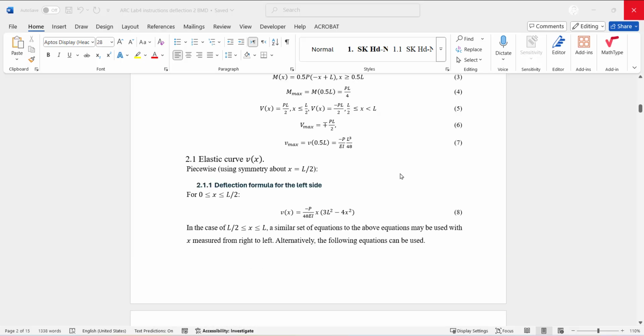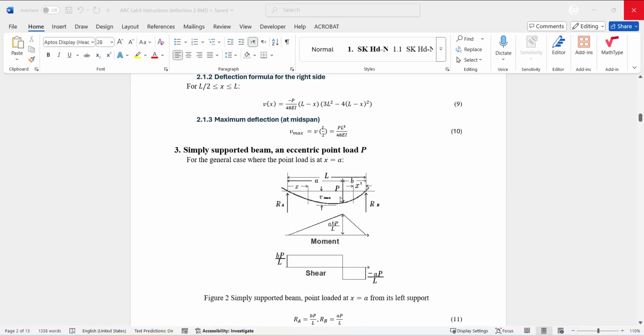But when you do the loading in an eccentric way, so the load is not in the middle, a beam with a span of L has the loads exerted at distances A and B, which are not equal. And then you know how to find out the bending moment and shear forces, which are some kind of internal forces.